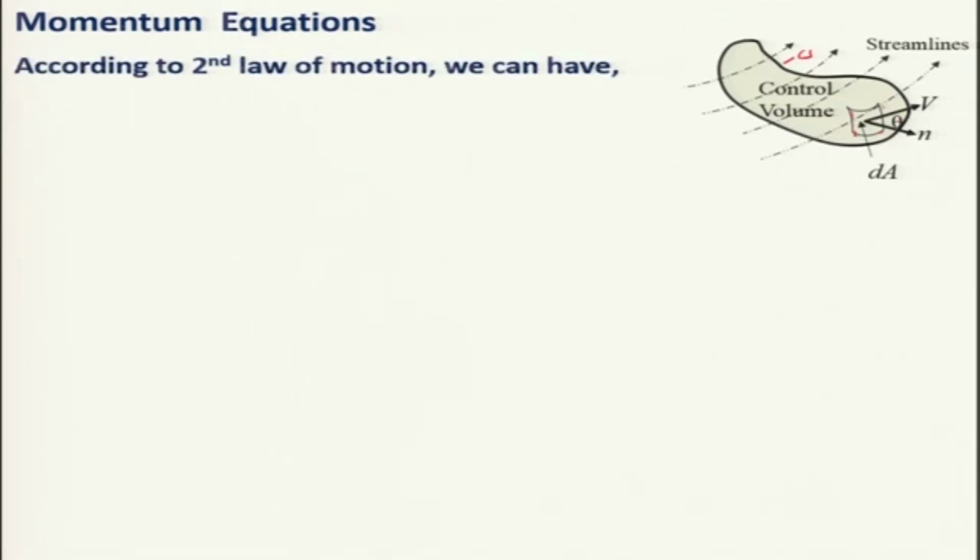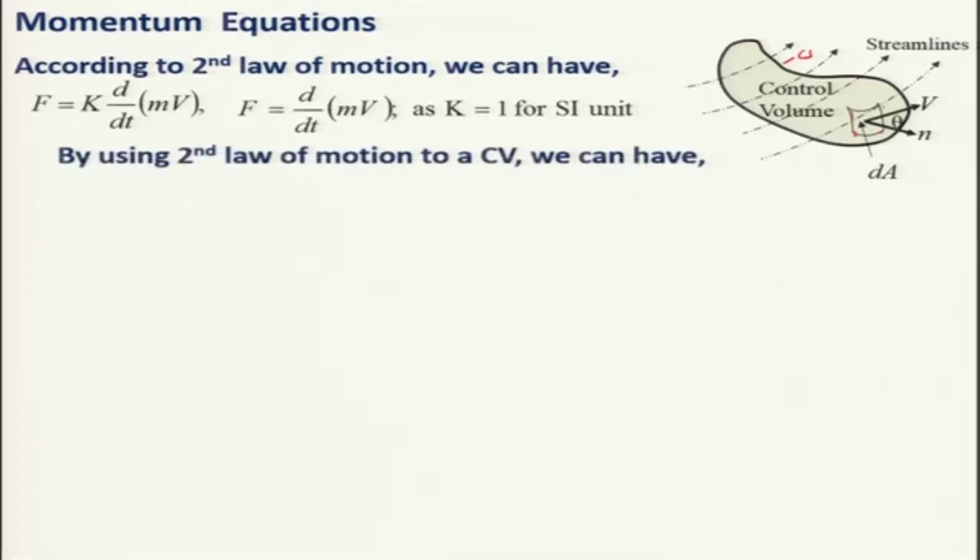According to the second law of motion, F is equal to k times the rate of change of momentum, and for SI units k will be 1. Therefore, force is nothing but the rate of change of momentum, and we will apply this law for deriving a momentum conservation equation for a control volume.